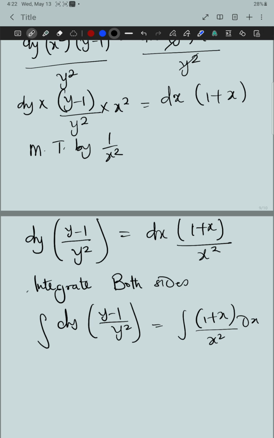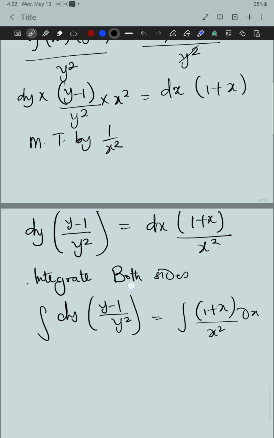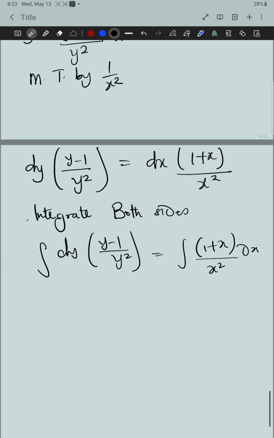What do we have? We have the integral of, let's look at this, 1 over y. Because if you break this down, you have y minus 1 over y squared. You can easily write it as y over y squared minus 1 over y squared. So this cancels one of these, so you have 1 over y minus 1 over y squared.